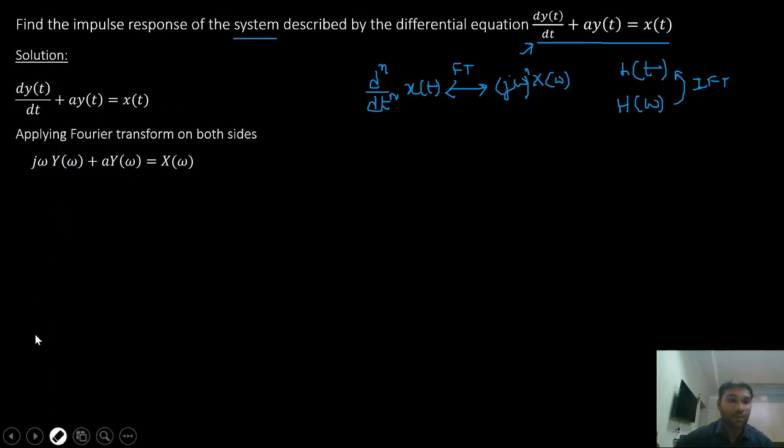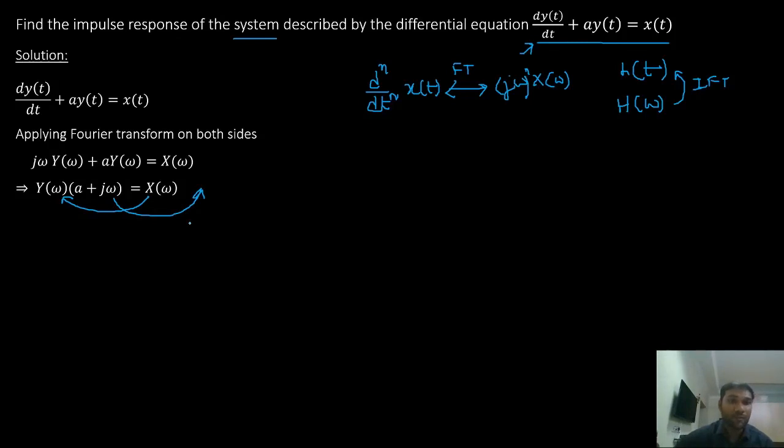Now I'll take y of omega common on the left hand side. If I take y of omega common, what is left? I have a plus j omega, and that is equal to x of omega. Now I'll take x of omega to the denominator on the left hand side, and y of omega, a plus j omega, I'll take to the right hand side.